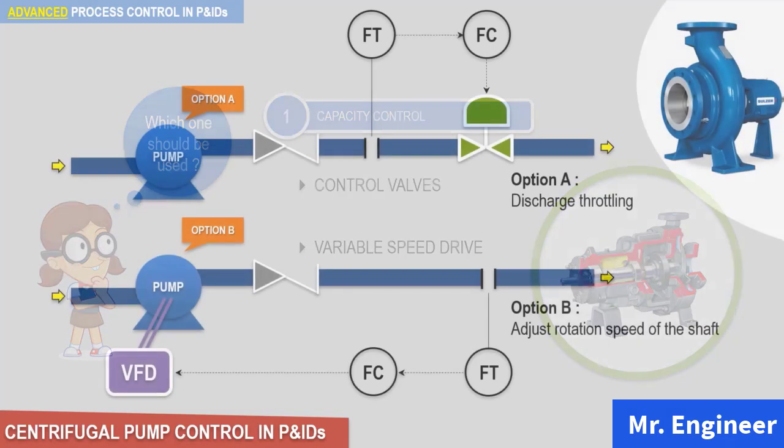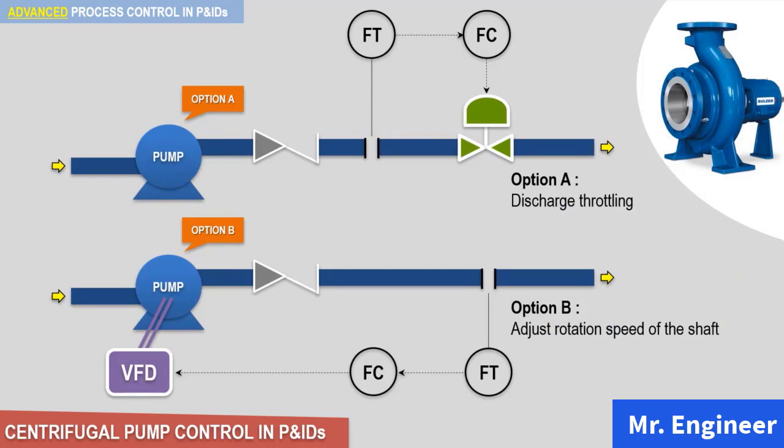Now recall, a control valve is generally installed in the discharge line of the pump, and the VSD or VFD is installed on the electromotor of the pump. These two methods of adjusting the flow rate of a centrifugal pump are named final control elements.